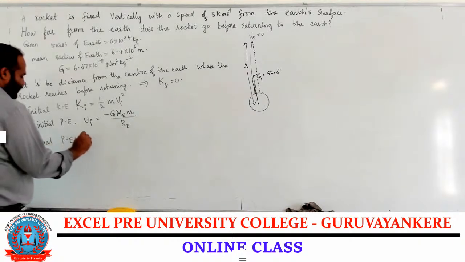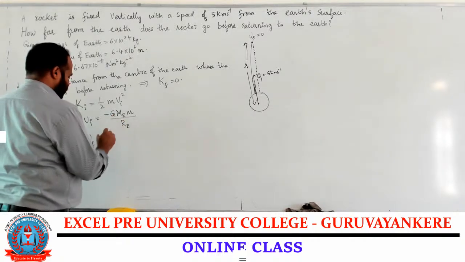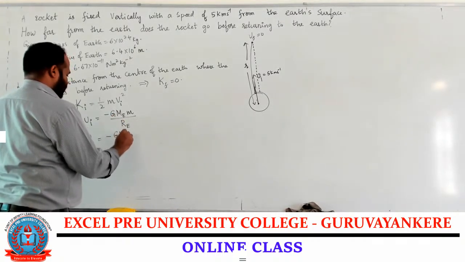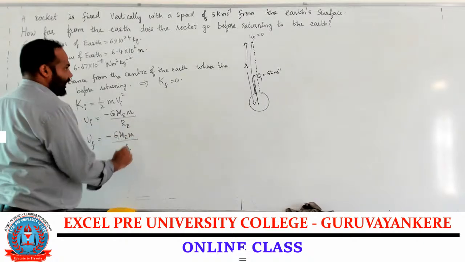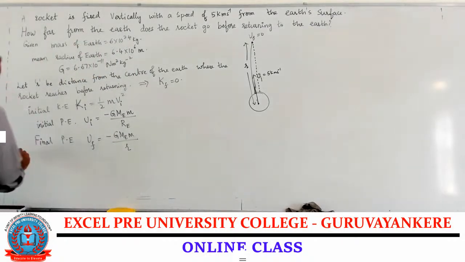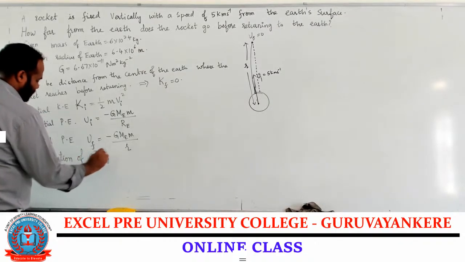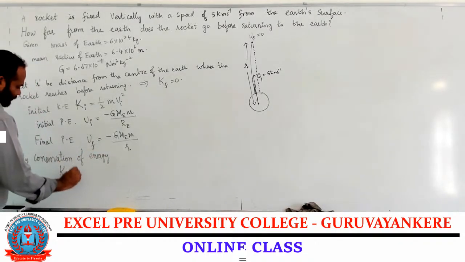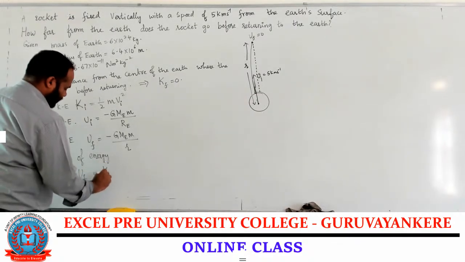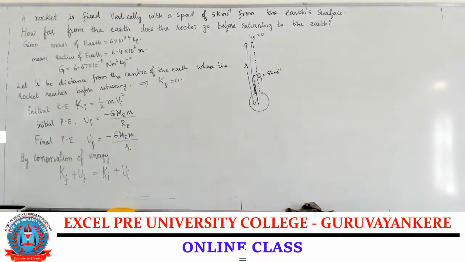Final potential energy Uf will be minus GMem by small r, because it reaches that height. So by conservation of energy, final kinetic energy plus final potential energy should be initial kinetic energy plus initial potential energy.